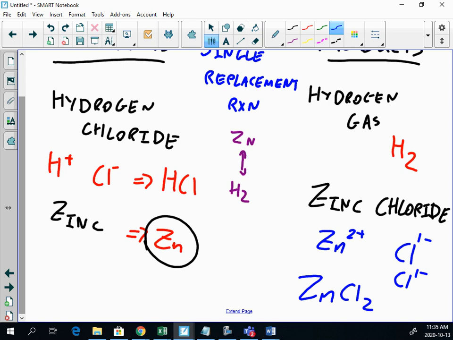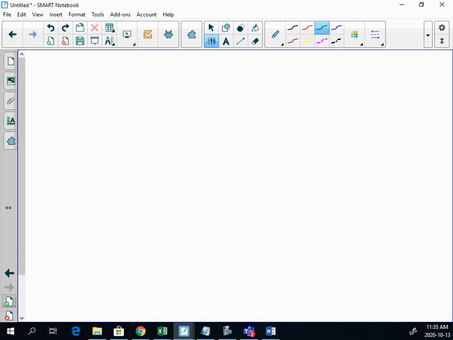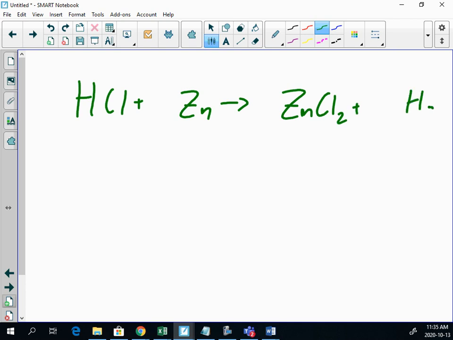Okay, so now I know all my reactants, I know all my products, and I can set up my chemical reaction. I can set up HCl plus Zn, forming ZnCl2 plus H2.